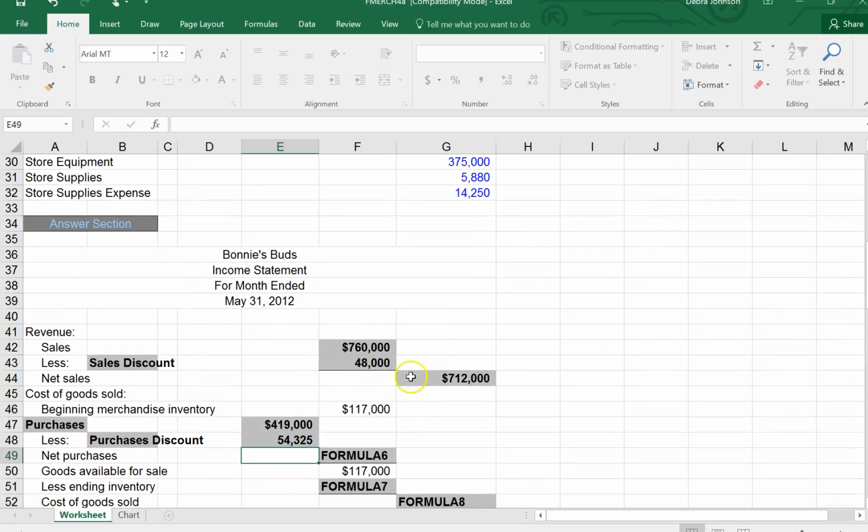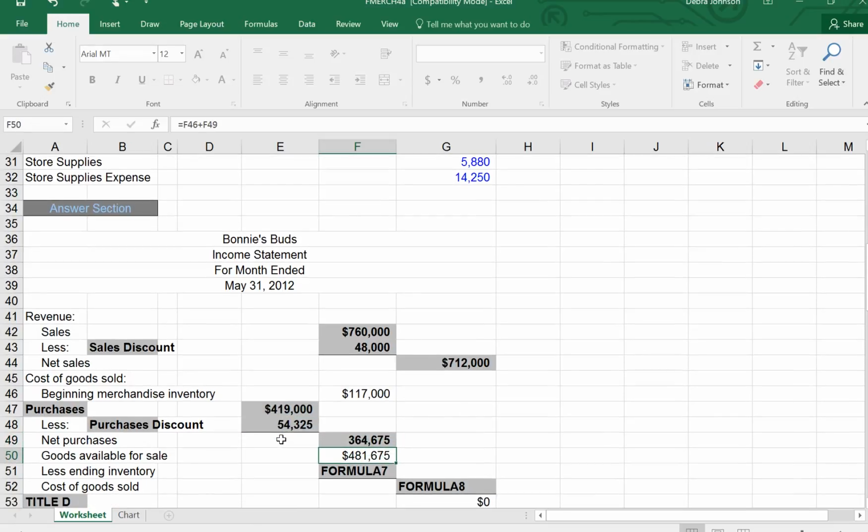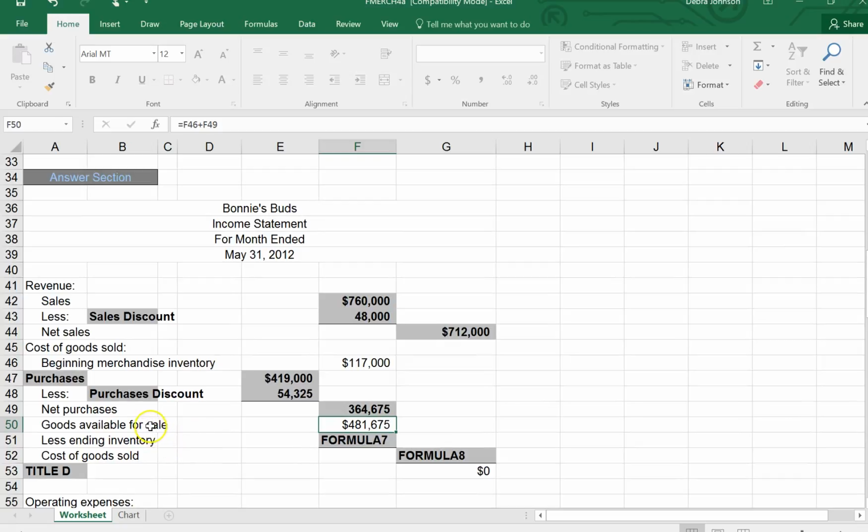So now we're ready to calculate net purchases. I'm going to take the purchases account and subtract out the purchases discount. And automatically when I put that in, the cost of goods available for sale was computed automatically. So our goal is to calculate cost of goods sold. I'm going to subtract out my ending inventory.